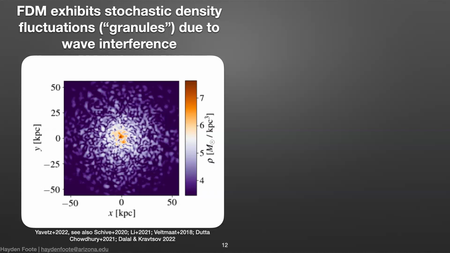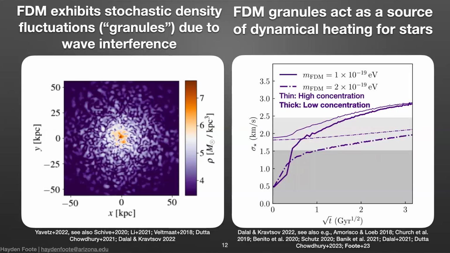So what you can get in this kind of halo is actually an extra source of dynamical heating for stars. This is a really nice study that Neal Dalal and Andrey Kravtsov did, where they were looking at the velocity dispersion of stars as a function of time in an ultra-faint dwarf galaxy like Segue 1 or Segue 2, which are Milky Way satellites.